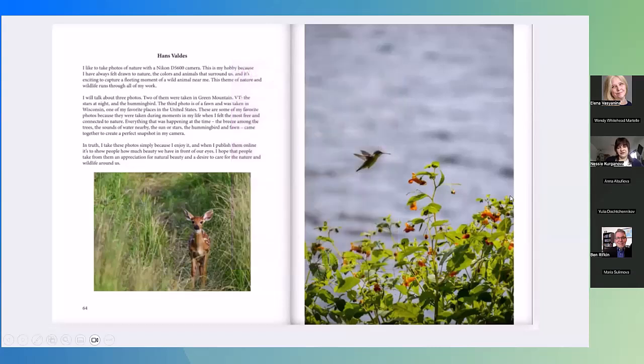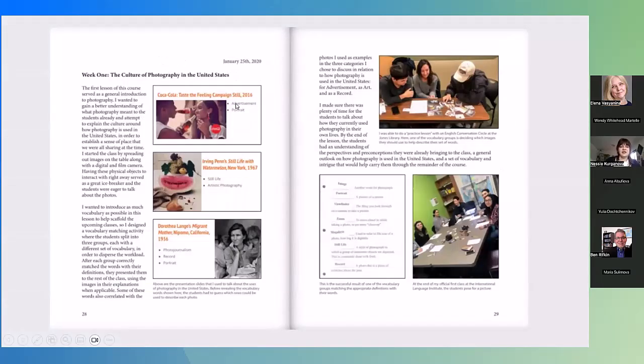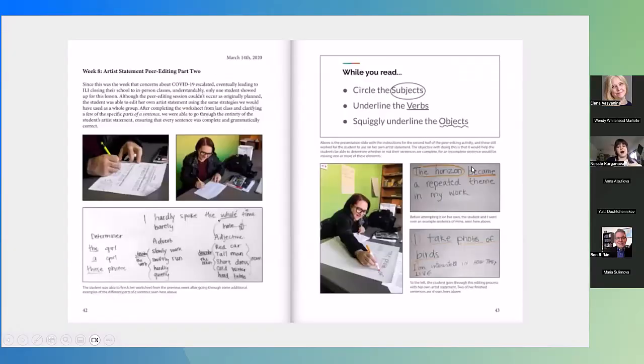Emma wrote a wonderful book where a whole course was based on taking photographs, studying photography, its cultural context, its use in advertisement and history, planning how to make their own visual narrative, and how to apply language there.